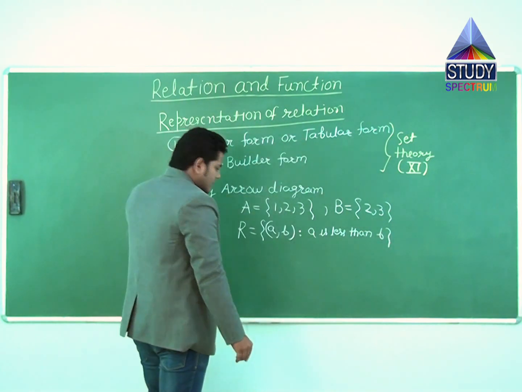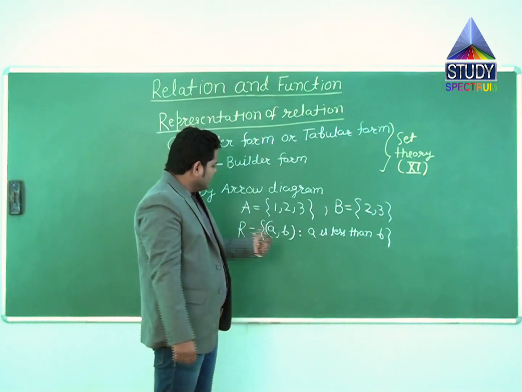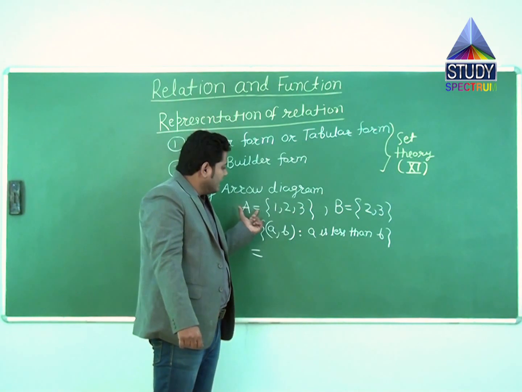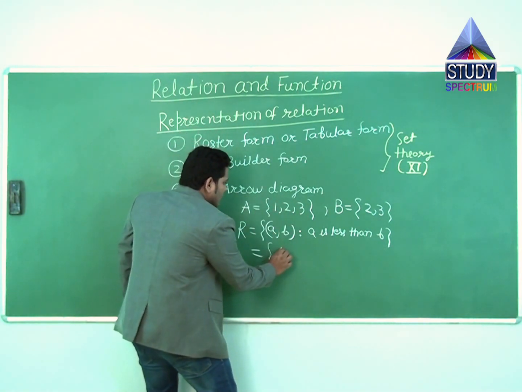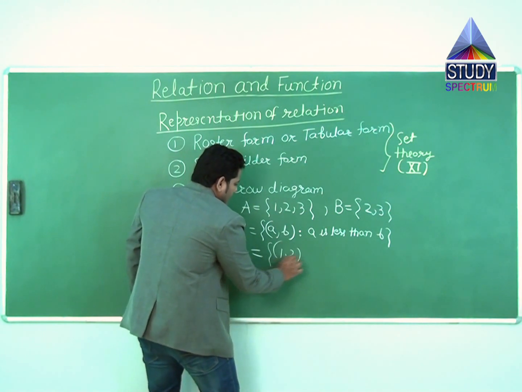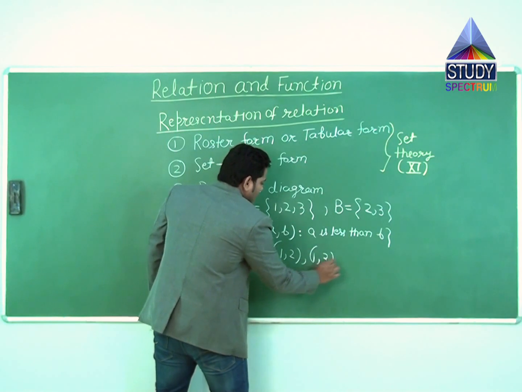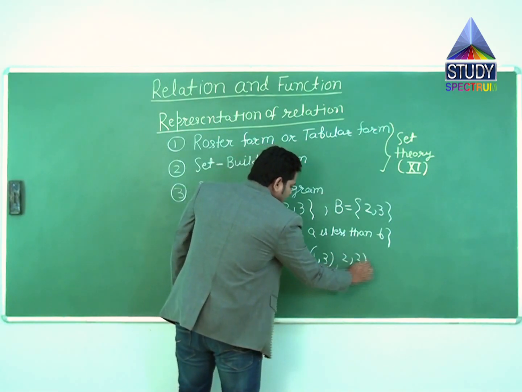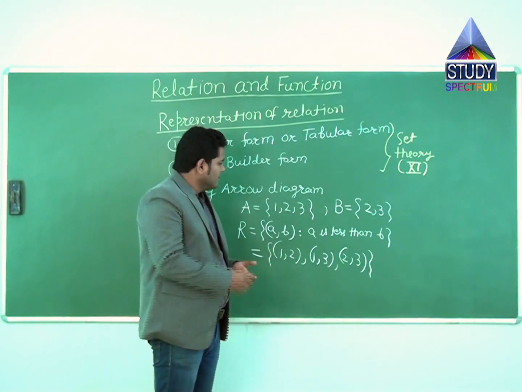After choosing the ordered pairs from A cross B, we got (1, 2), (1, 3), (2, 3), which we have already discussed.